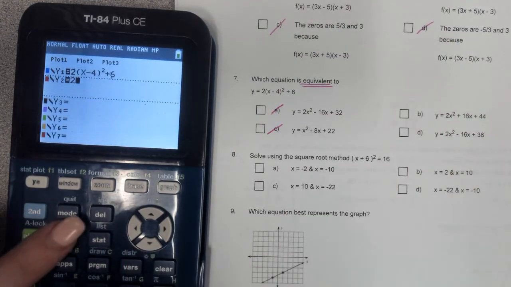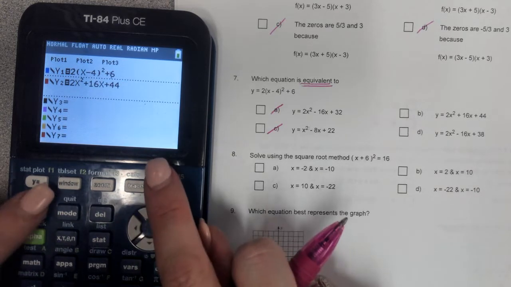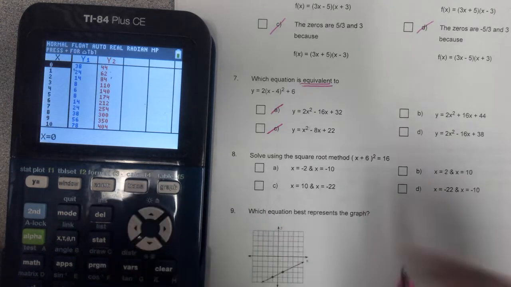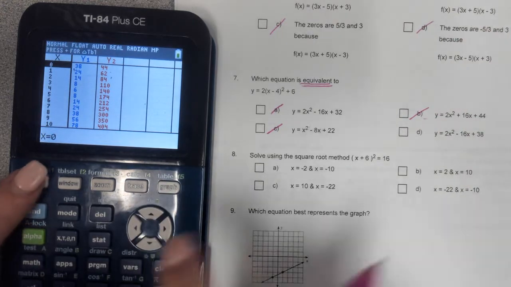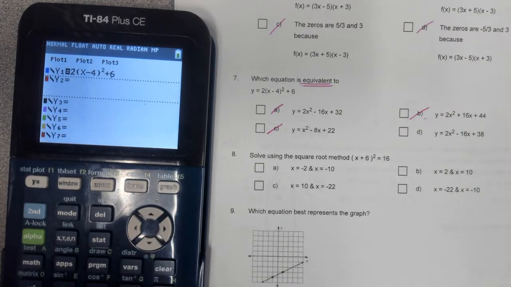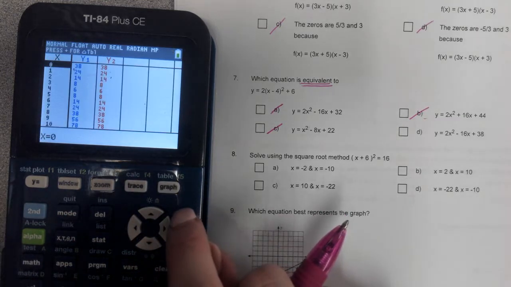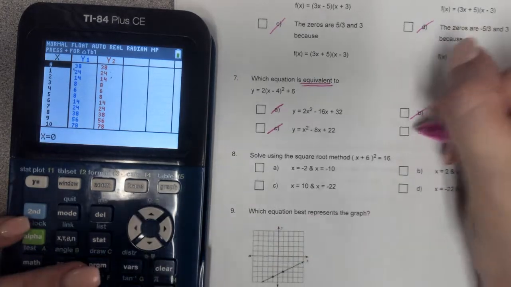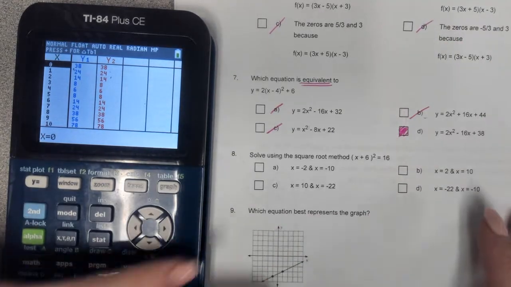Okay, let's try this one. 2x squared plus 16x plus 44. Nope. Okay, 2x squared minus 16x plus 38. Yes, every single one of those is the same. That is the one that is equivalent.